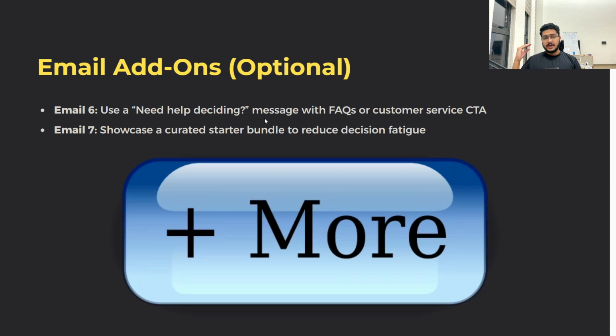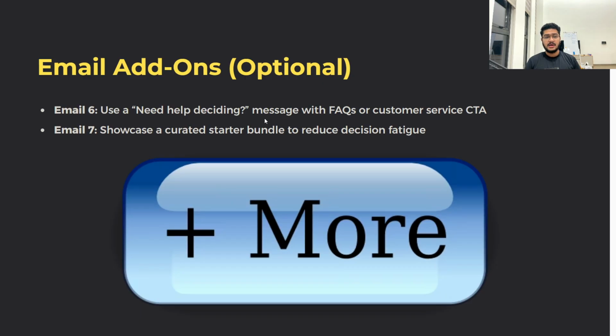Now here's how you can add more emails. You can use a "need help deciding" kind of message with FAQs or a customer service CTA. Usually you reserve FAQ for browse abandonment and cart abandonment, but you can definitely add it in the welcome flow too, because it works.